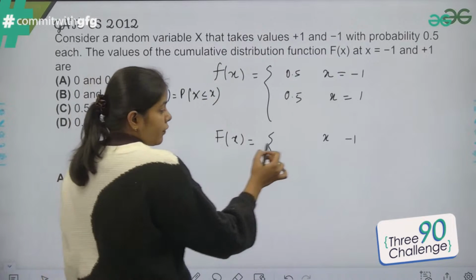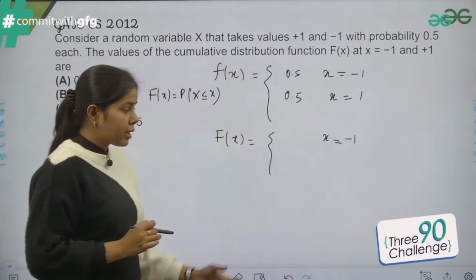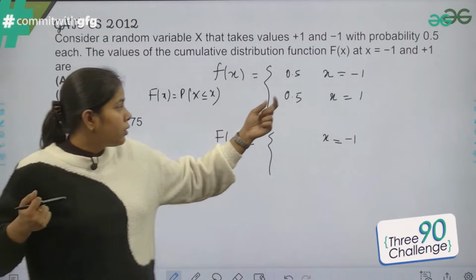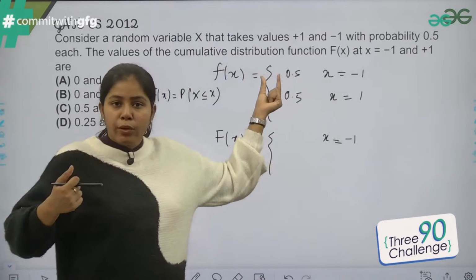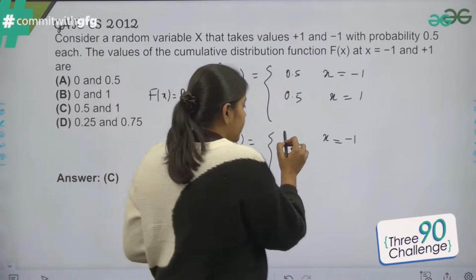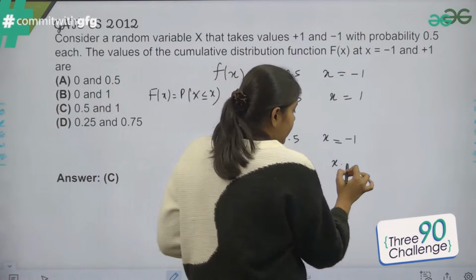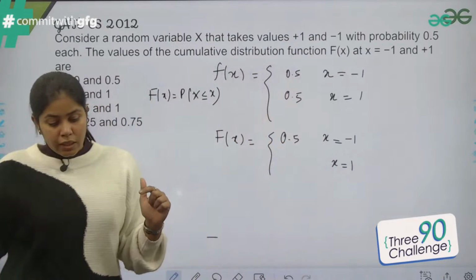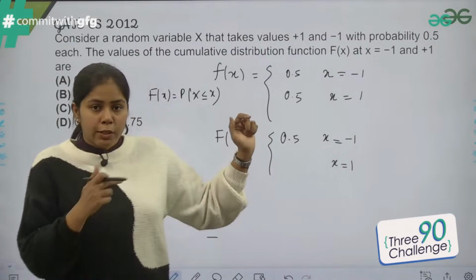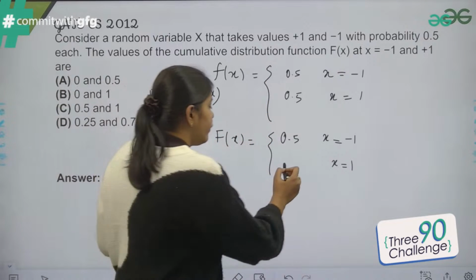So if I write x equals minus 1, I have to consider all the probabilities which are less than or equal to minus 1. Here only one probability is there, so I add 0.5. When I write x equals 1, I have to consider all the probabilities less than or equal to 1. So I have two probabilities, 0.5 plus 0.5, that gives me 1.